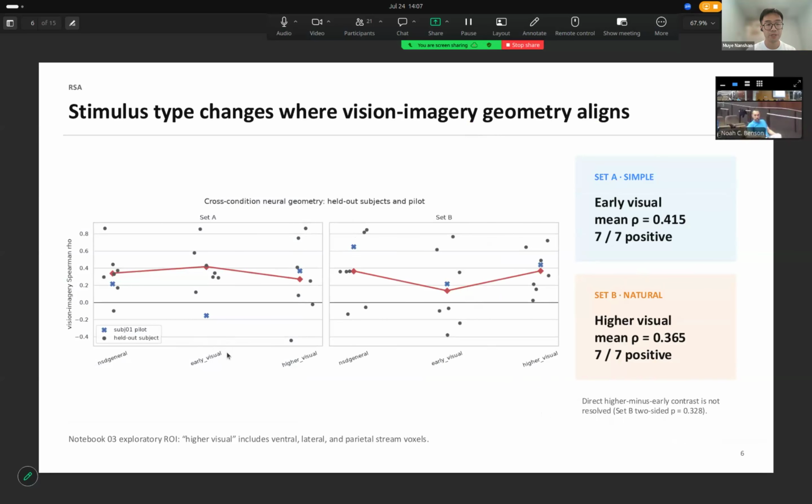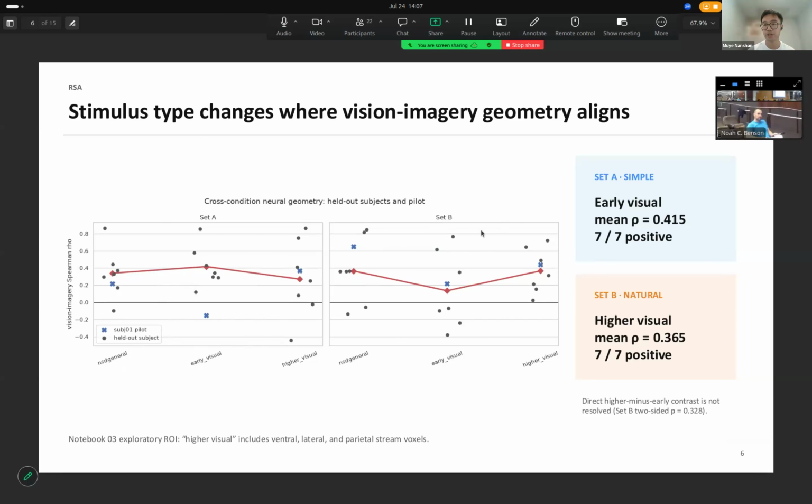In particular, we do this among different regions. Here, NSD general is a combination of the early visual cortex and the higher visual cortex. We see that for simpler shapes, the signals align more closely. The highest correlation appears in the early visual cortex, at over 0.4.